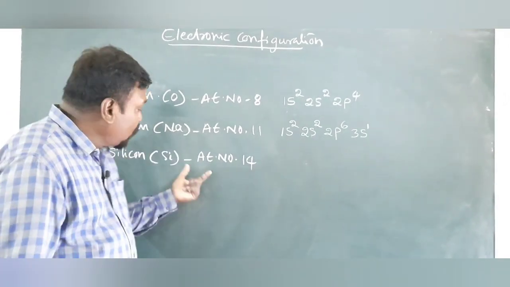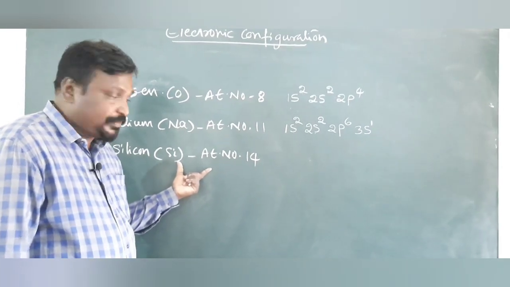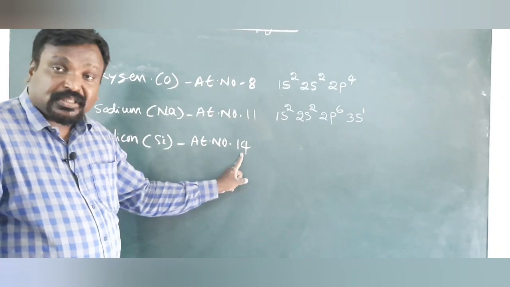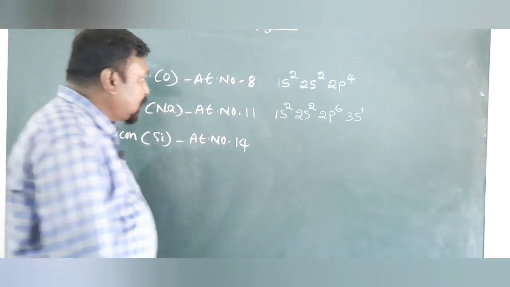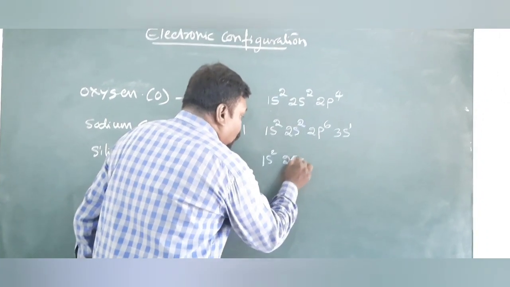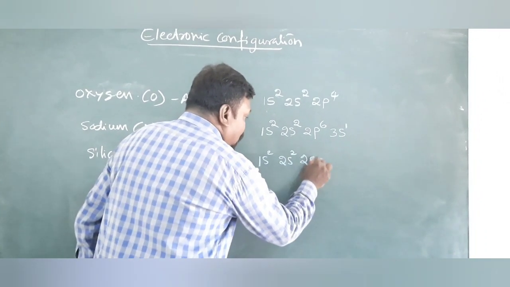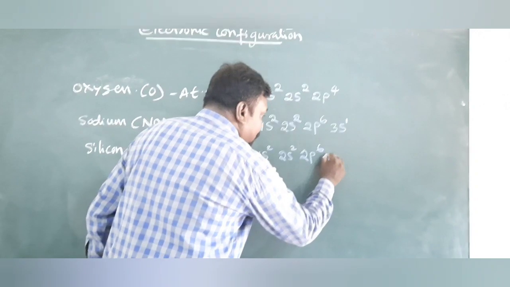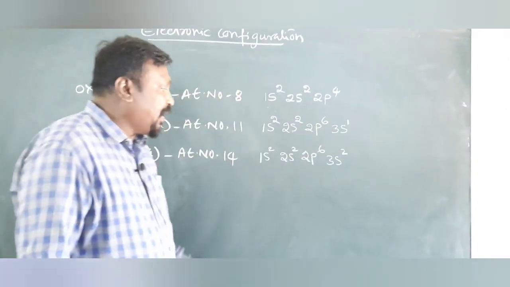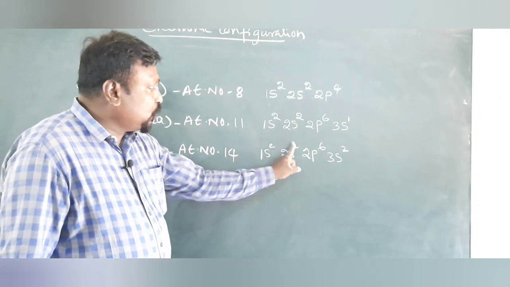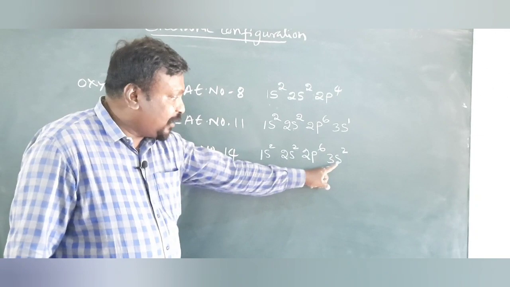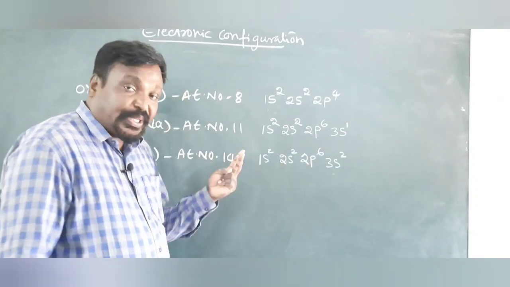Now come to silicon. The atomic number of silicon is 14. So it is once again 1s2, 2s2, then 2p6, 10 over, then 3s2. Now 2, 4, 4 plus 6, 10, 10 plus 2, 12, so 2 electrons are left.